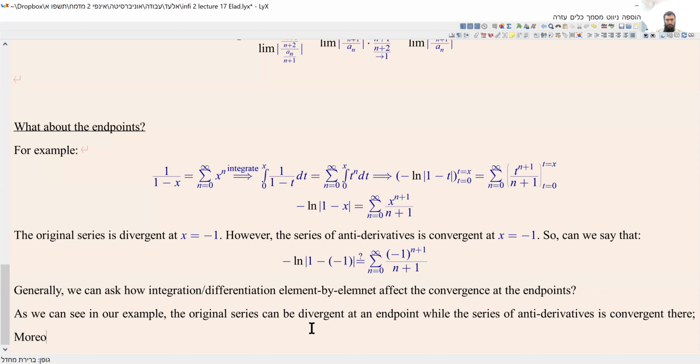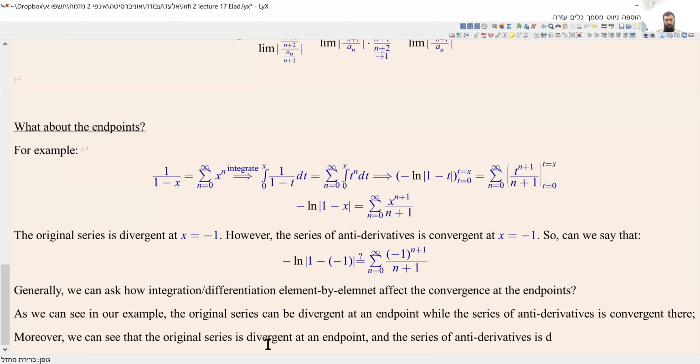And moreover, we can see that the original series is divergent at an endpoint, and the series of antiderivatives is divergent at this endpoint as well.